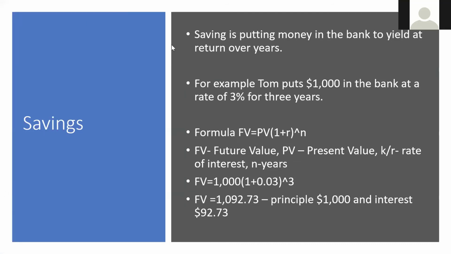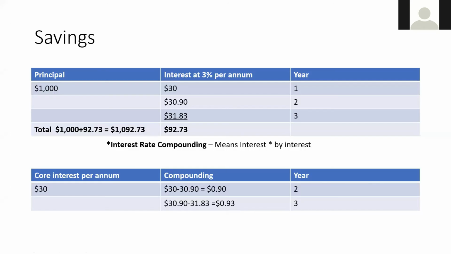So remember, we have the 1,092.73. So let's talk about what's going on here. Now, if you were to do 3% in year 1, that's $30, right? And then if we were to just do 3% 3 times with $30, $30, $30, that's 3 different $30, right?